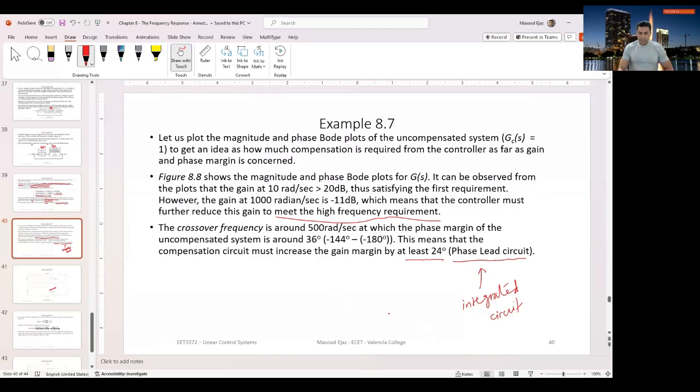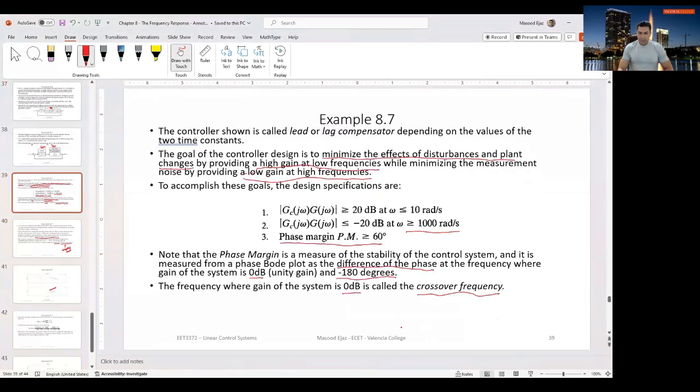Because we already have 36 degrees. And remember, when you have GC(jω) and G(jω), and you're calculating the phase, the phase is going to be the phase of GC(jω) plus the phase of G(jω). When you're calculating the phase of a product of complex numbers, the phases add together.